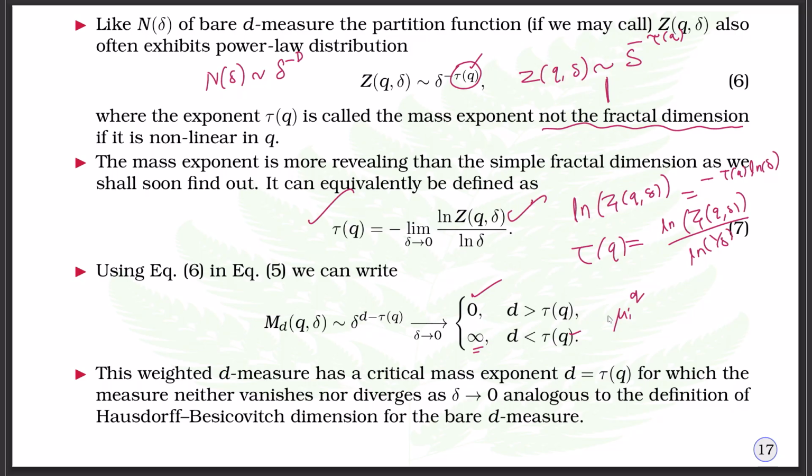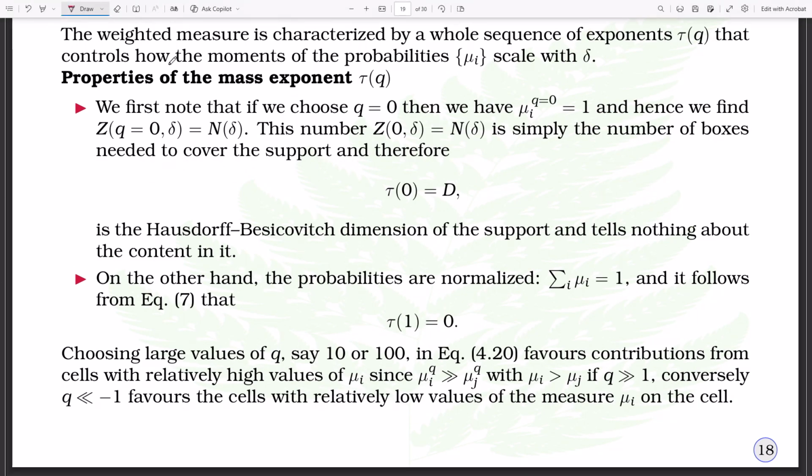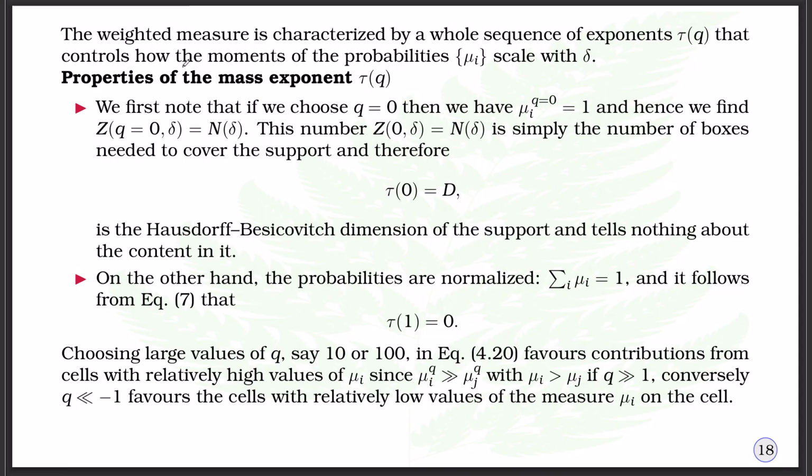Based on this measure μi, the exponent τ(q) controls how the moments of the probabilities μi scale. If we consider this as a probability, we take the probability to the power q as the moment. This depends on the size of the boxes δ. Now, what are the properties of the mass exponents τ(q)?